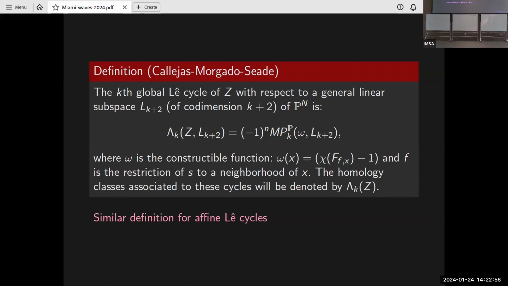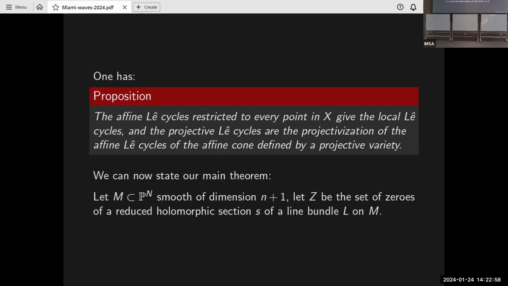Because one has the following. The affine polar cycle restricts at every point to the local polar cycles. So when you have a hypersurface, at each point you have the local polar cycles, and you can globalize them to have global polar cycles. So you can define them.